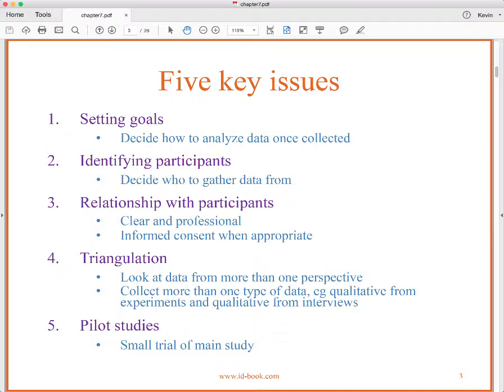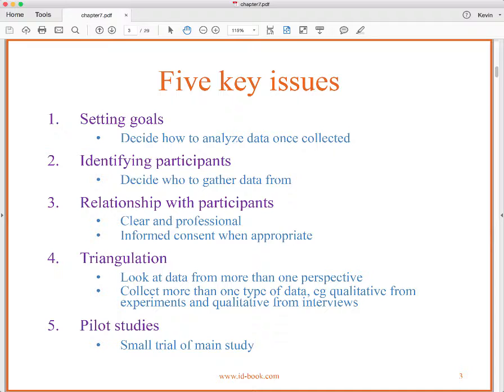But this, I think, is one of the important points of this whole data gathering. The point of data gathering is not to gather data. The point of data gathering is going to be to support some design decisions, right?